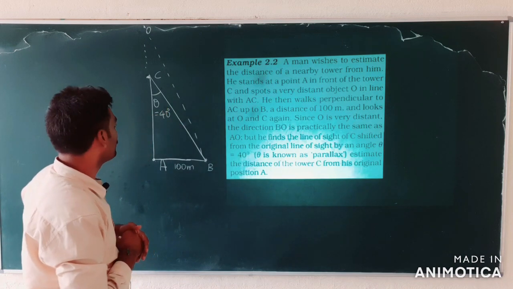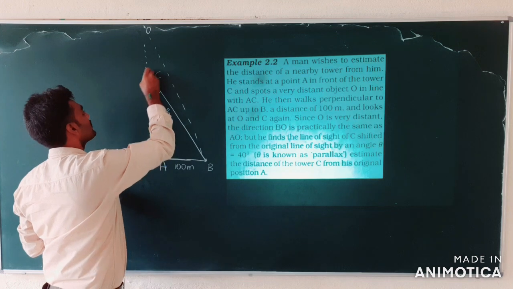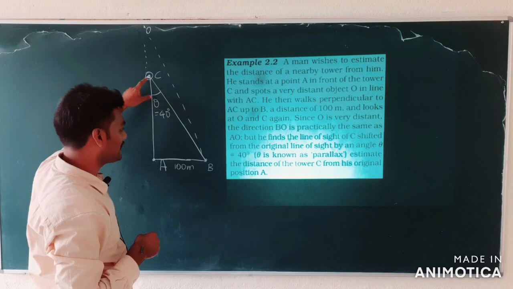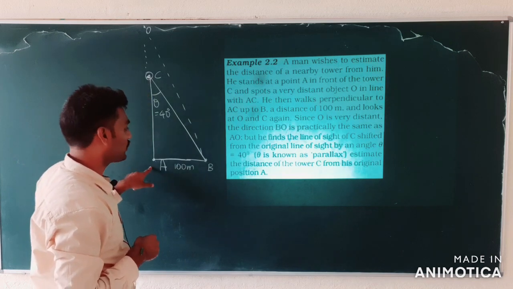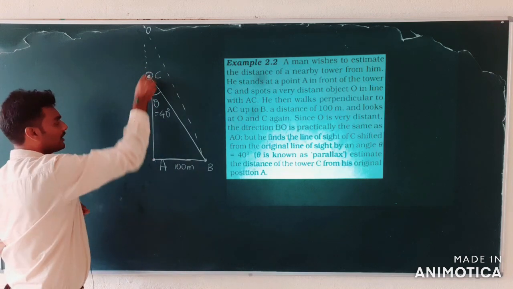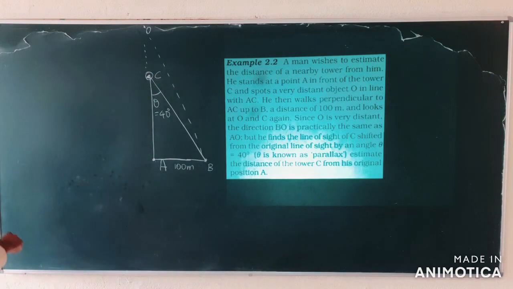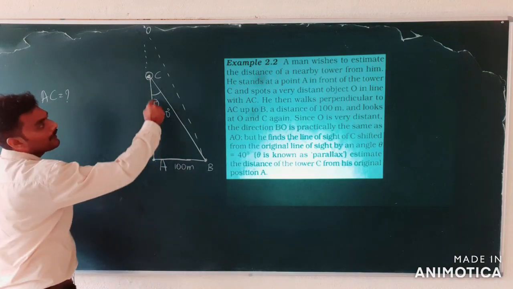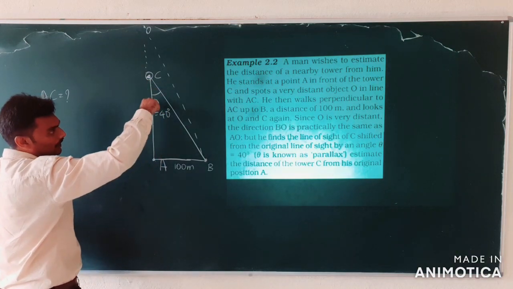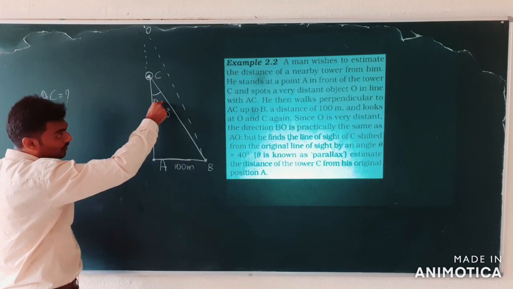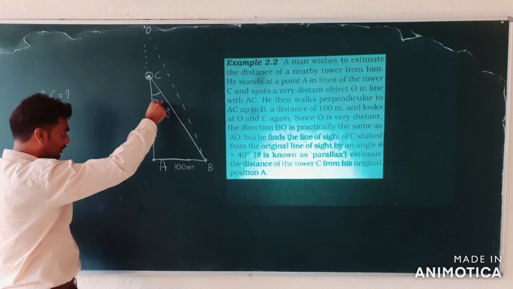And now what we need to do is estimate the distance of the tower C from his original position A. So AC has to be estimated for the given question. AC is equal to question mark. Now from the given data, I can write the expression for tan theta.